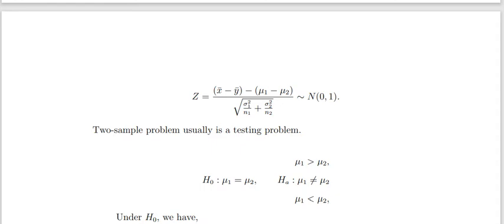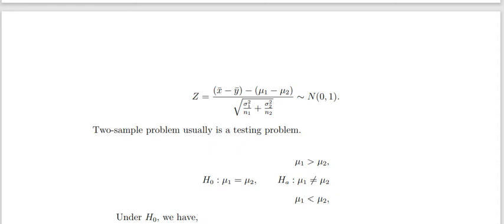So for two sample problems, we usually do a comparison. Compare what? Compare mu1 and mu2. So here H0 is always mu1 equals mu2, meaning the two samples, two data sets, basically have no difference.